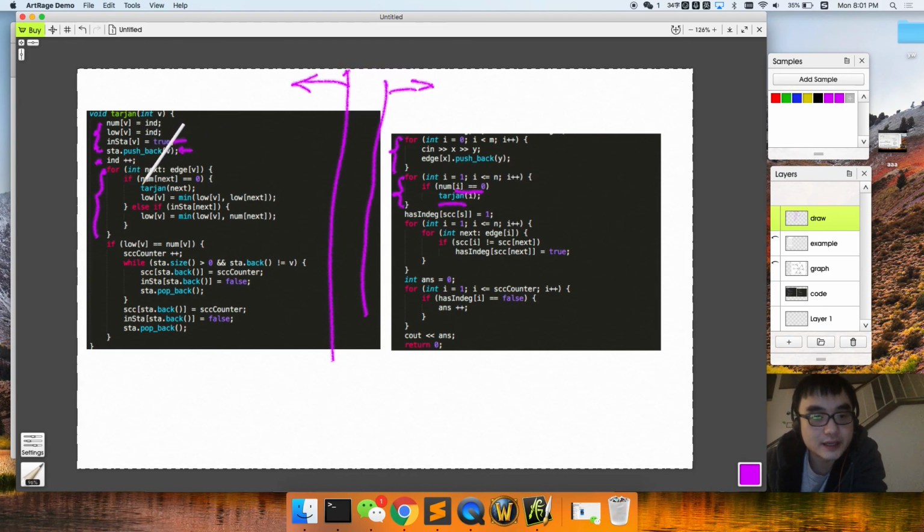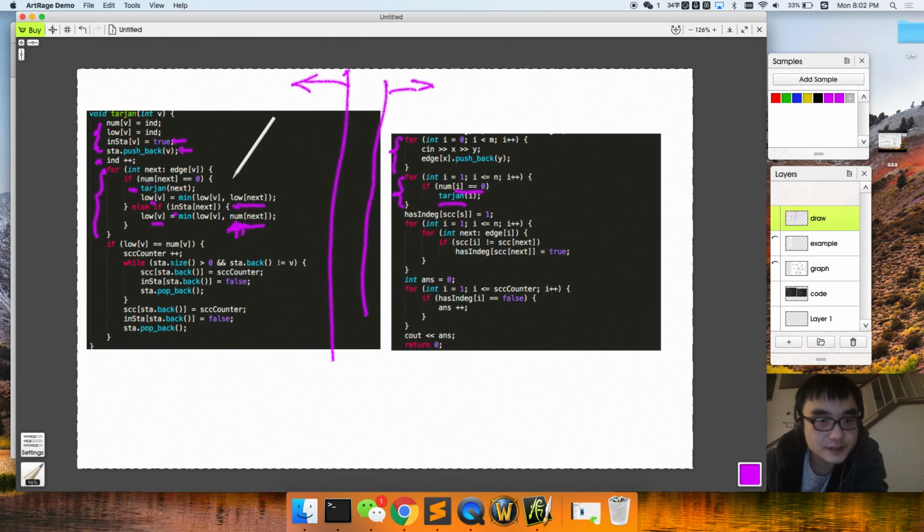So if we haven't visited before, we keep the depth first search, and we make sure we update the low for each node. And if the node is in the stack, we need to update the low with its number. This guy here is very important. It's not the neighbor's low value. It's actually the number value, right?